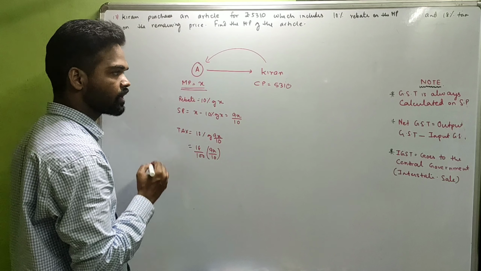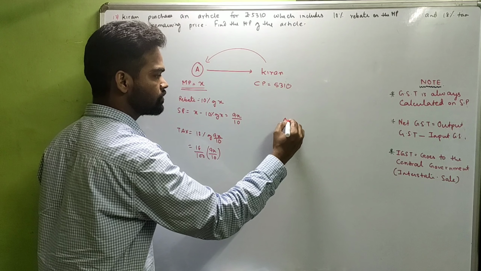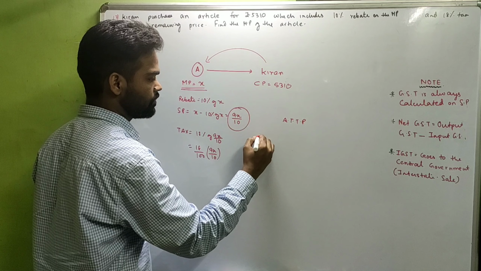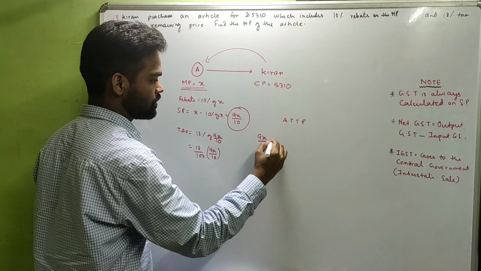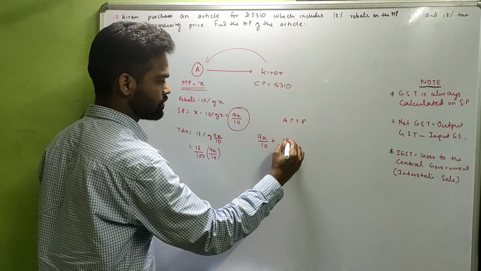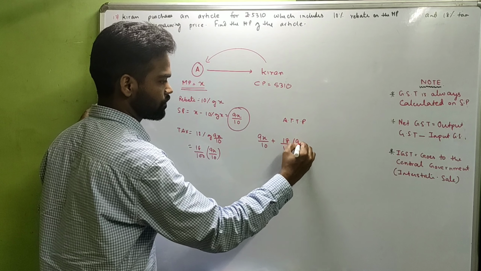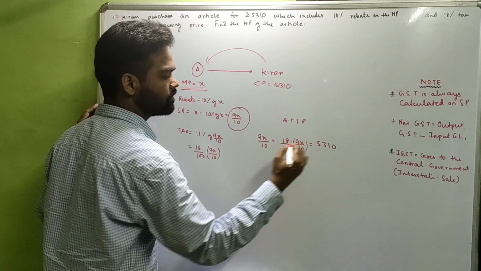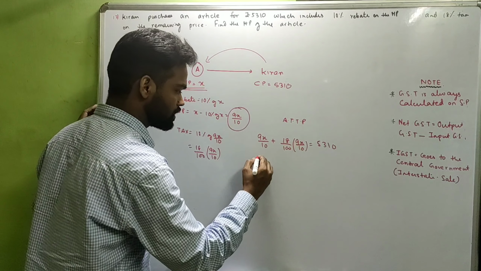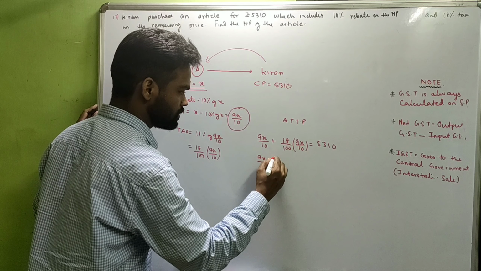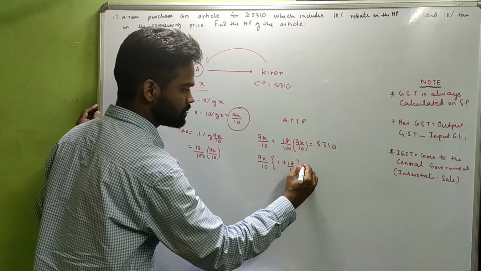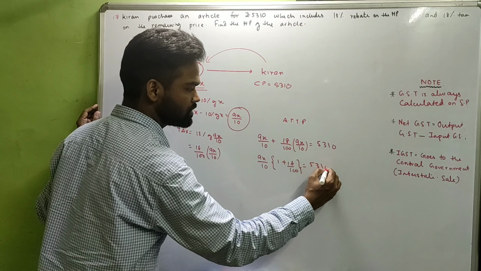Am I clear? Now look, can we say according to the problem, this selling price plus the tax is equal to the cost price for Kiran. I'll take 9x by 10 common, so what is left? 1 plus 18 by 100 is equal to 5310.